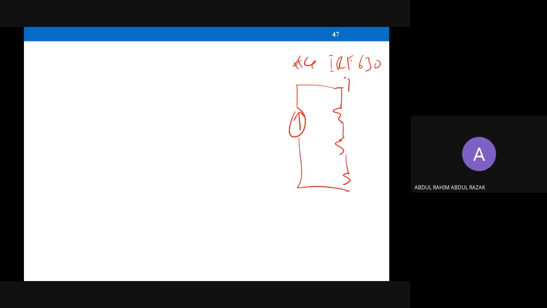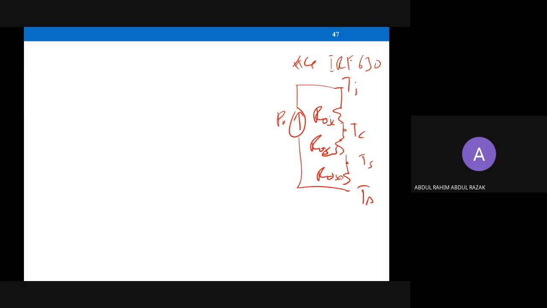So TJ here, ambient is here. This is your case. This is your heatsink. So R thermal JC, R thermal CS, R thermal SA. So three elements. So this is your PD.